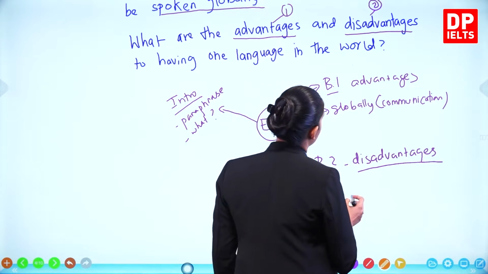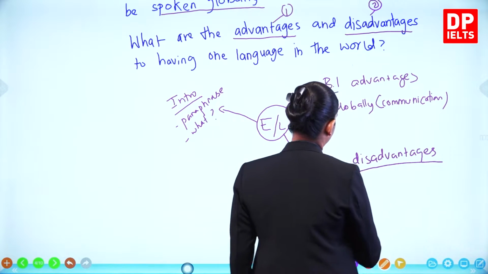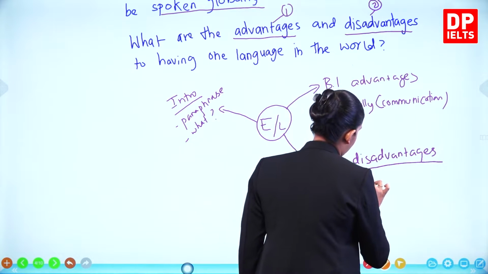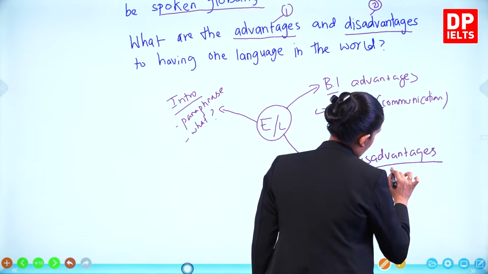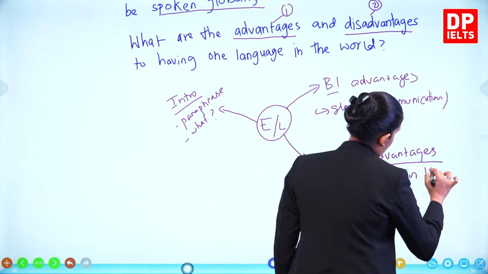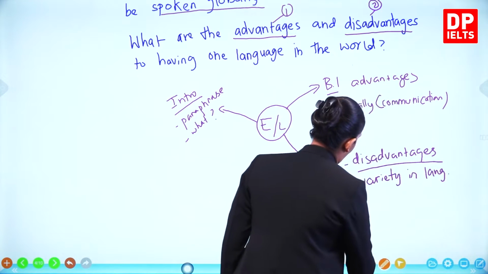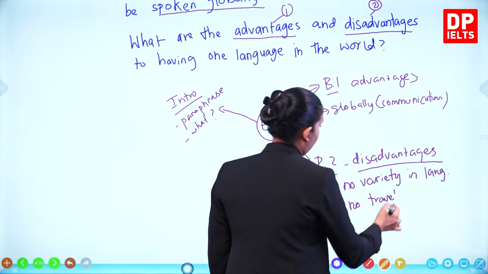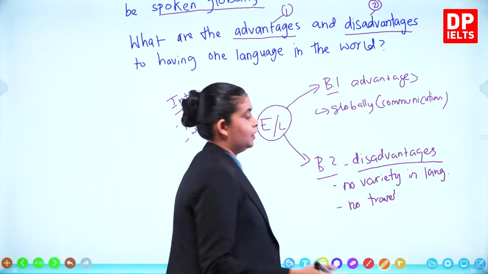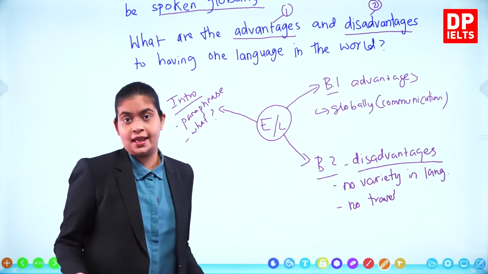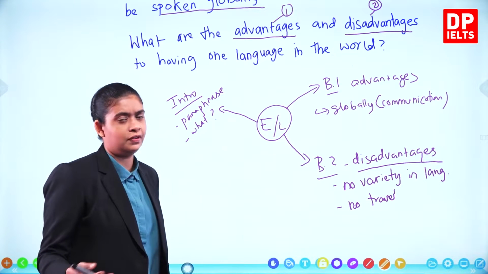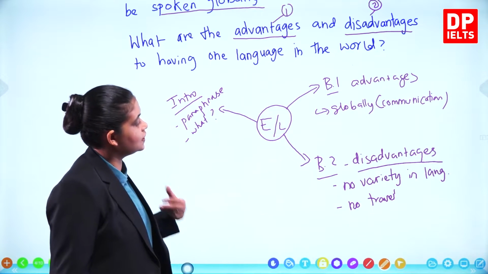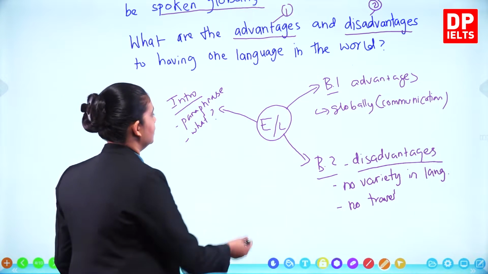So one thing is that it would be killing all the local languages, so no variety in language. And no traveling. Because people don't want to travel if the culture and the language is the same, where people really don't want to travel to get a new experience, right? So there are advantages as well as disadvantages.